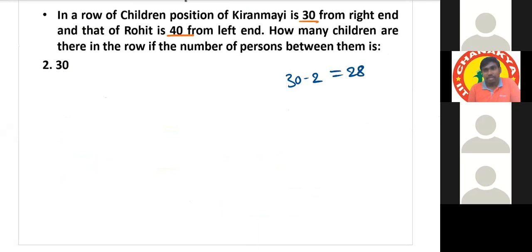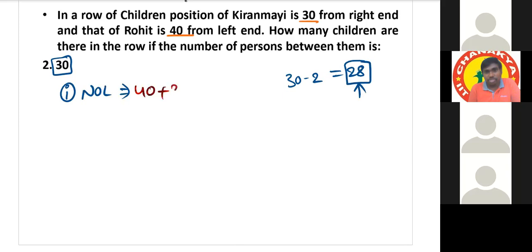We can accommodate a maximum of 28 members, but he is asking to accommodate 30. Is it possible in case of overlap? No, so we get only one possibility, non-overlap. Left position is 40, right position is 30, plus 30 between. So the answer is 100.